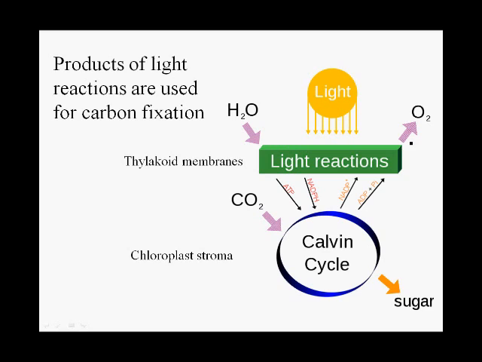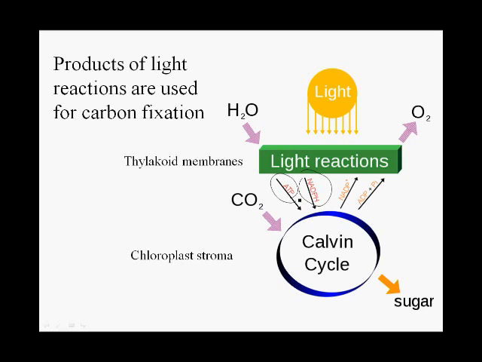In the previous video, we talked about light reactions. What light reactions do is they produce ATP and NADPH using light energy. And that occurs in the chloroplast and thylakoid membranes or in the photosynthetic membranes of photosynthetic bacteria.